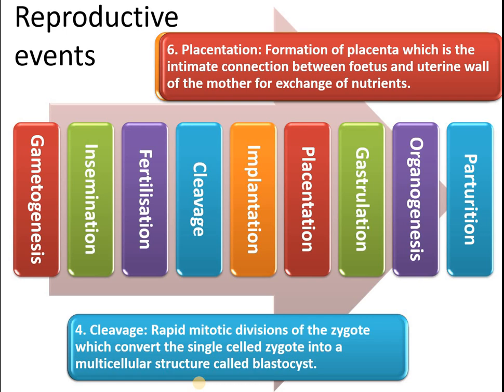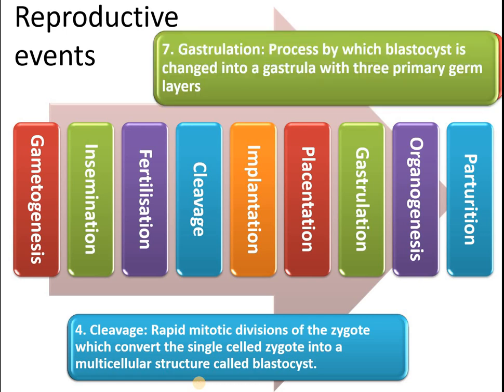Placentation. Formation of placenta, which is the intimate connection between fetus and uterine wall of the mother for exchange of nutrients, so that there is a connection between the developing fetus and mother. Gastrulation. Process by which blastocyst is changed into gastrula with three primary germ layers.